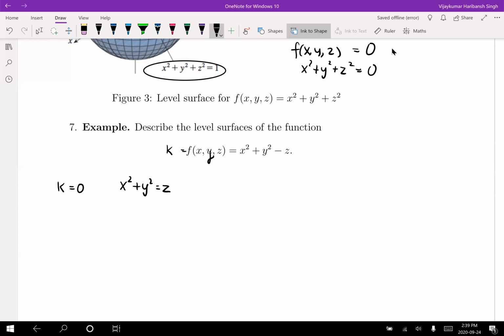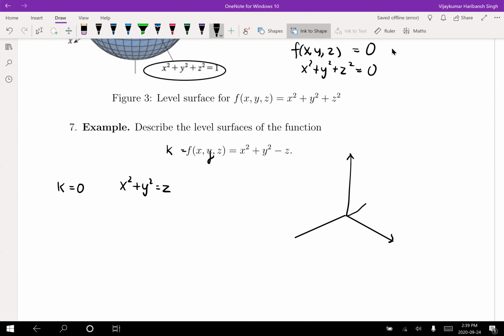And if we draw this, this looks like the surface z equals to x squared plus y squared. So z is always positive.